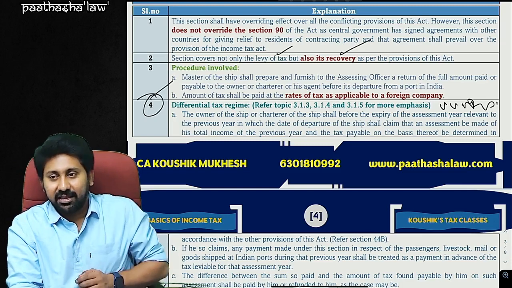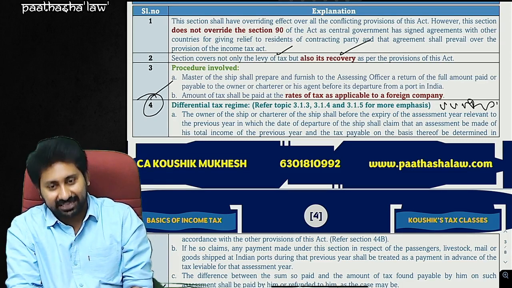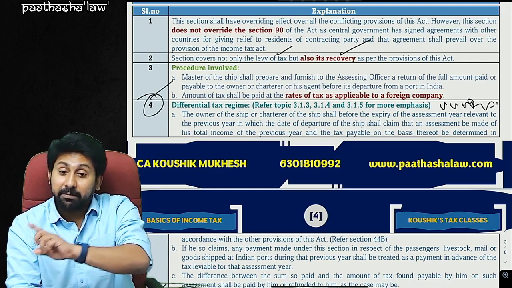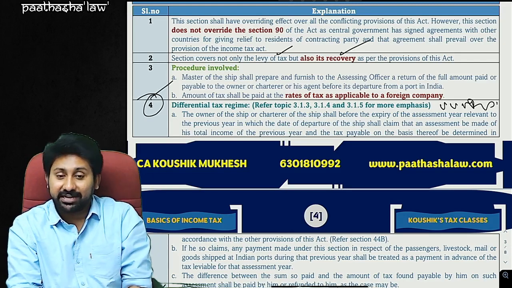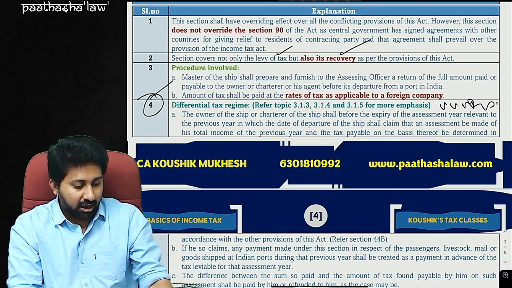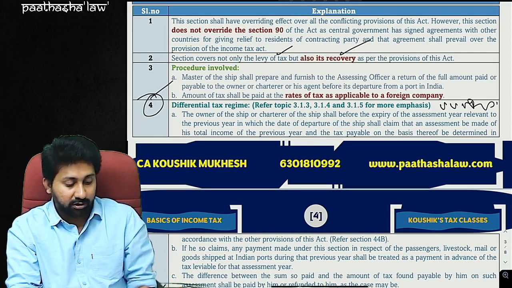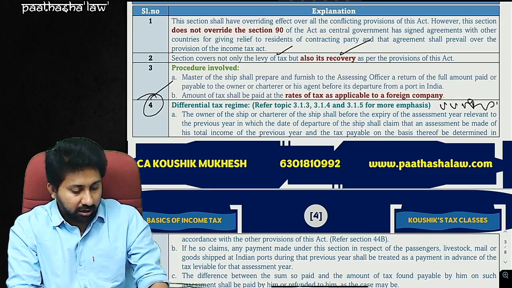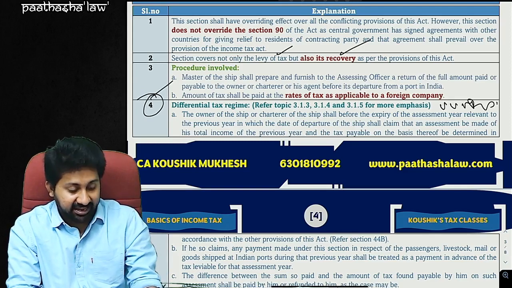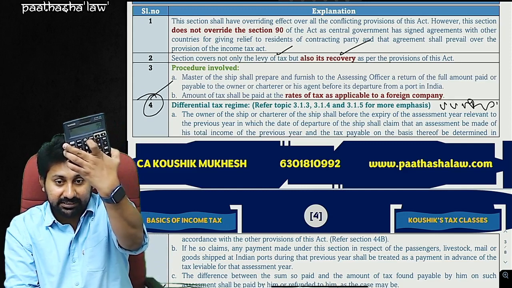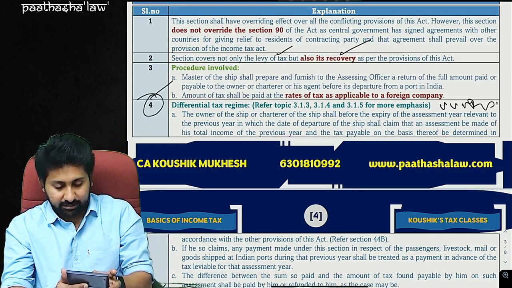What is it? You are a non-resident? Yes. When the ship is leaving from India, you pay tax? Yes. How much is your freight income? 1 crore in Indian rupees. On this, how much is presumed as income? 7.5%.